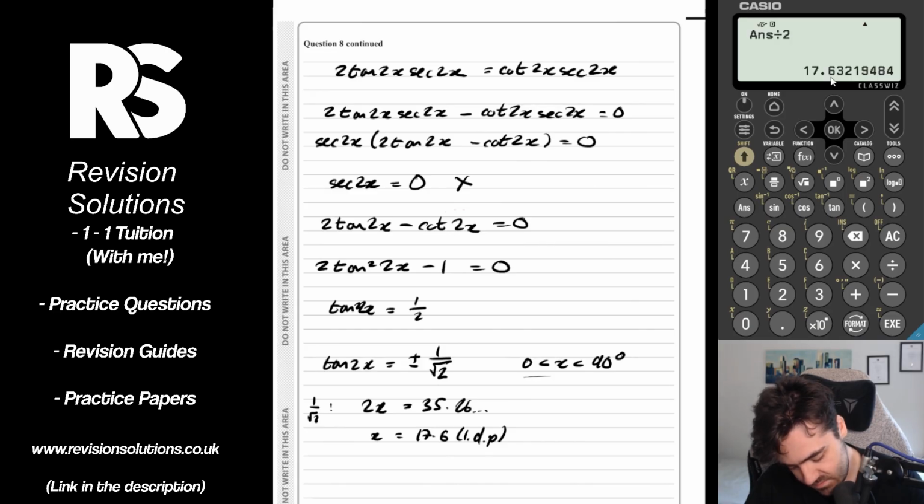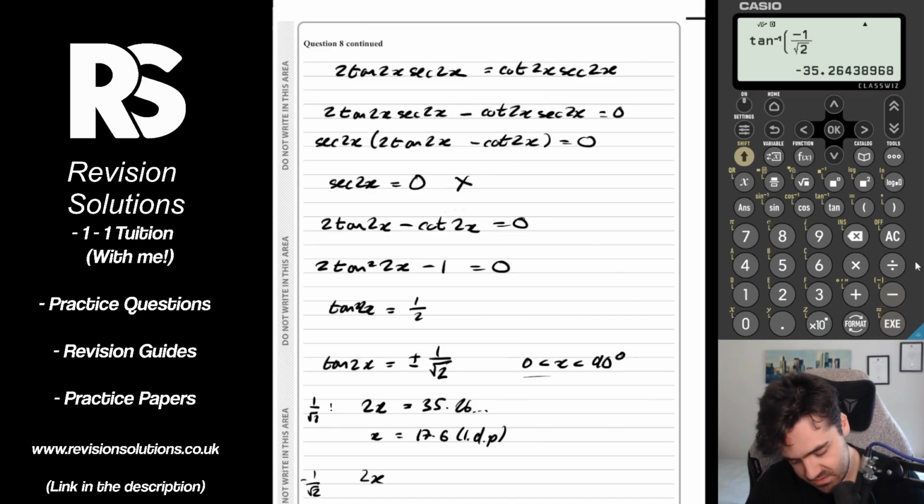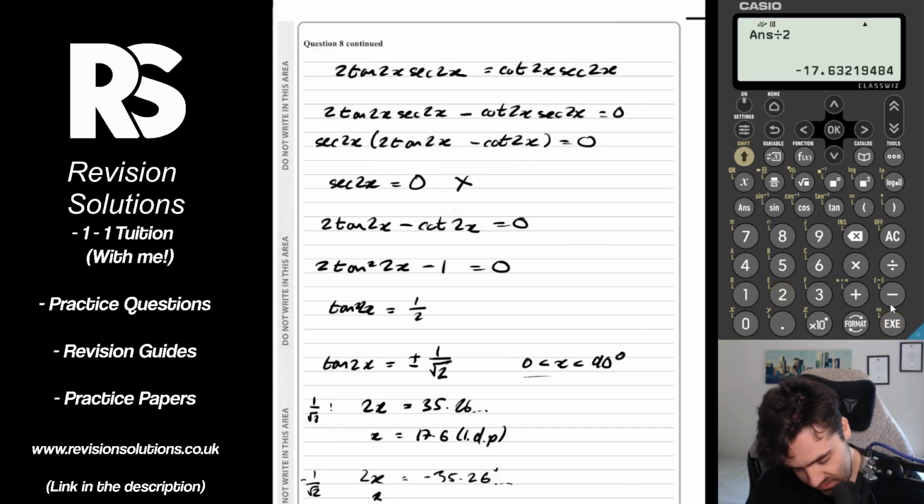Then let's do the minus 1 over root 2 now. So if I put it in the calculator, let's scroll up and just make this a minus. That gives us minus 35.26. That makes sense, it's an anti-symmetric graph, isn't it? It's just the same but negative. And then halving that gives us minus 17.6.